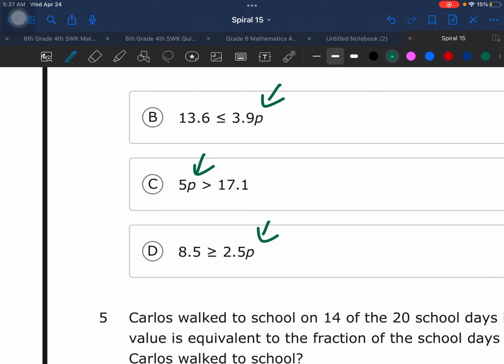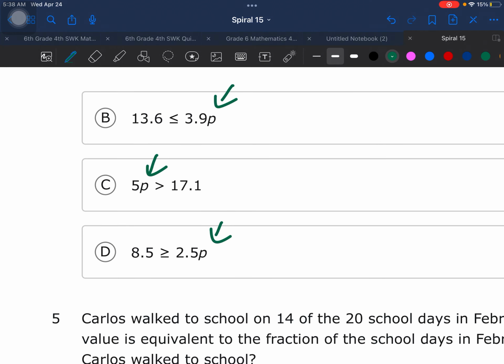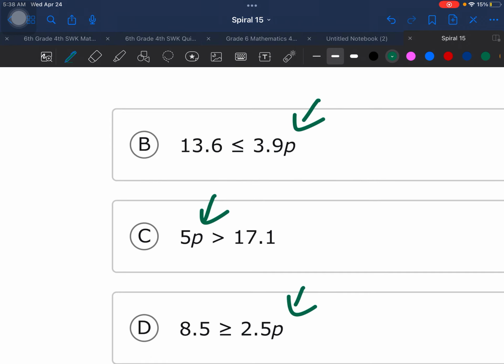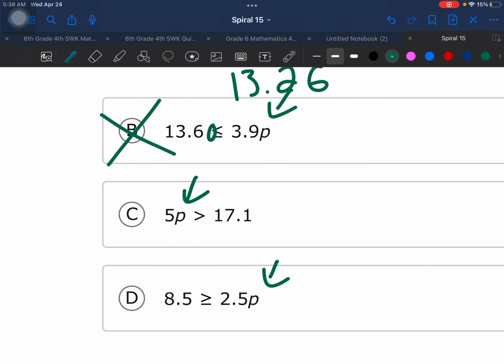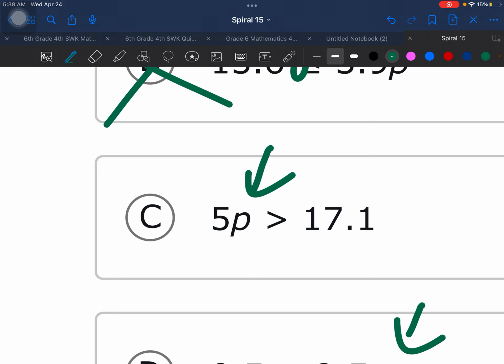And then if you multiply 3.4 times 3.9, you get 13.26. It's 13.26, because if you add a 0, less than or equal to 13.26? No. 5 times 3.4, chicos. We would get 17.